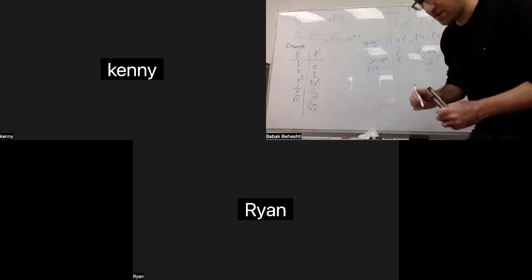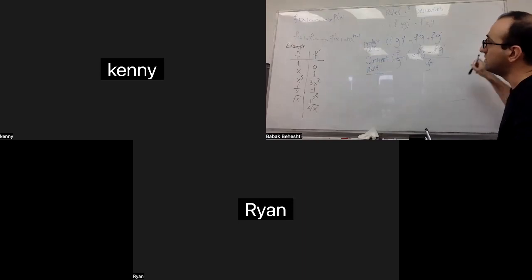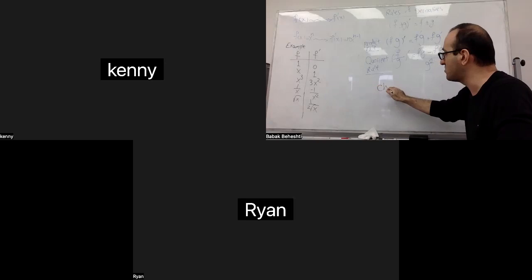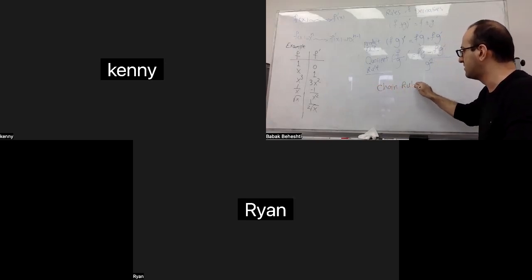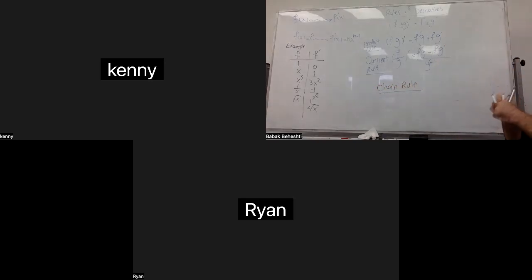And today we are going to add another rule, that is the chain rule. This is the most important one. I will discuss it later. Today we will talk about the chain rule as well.